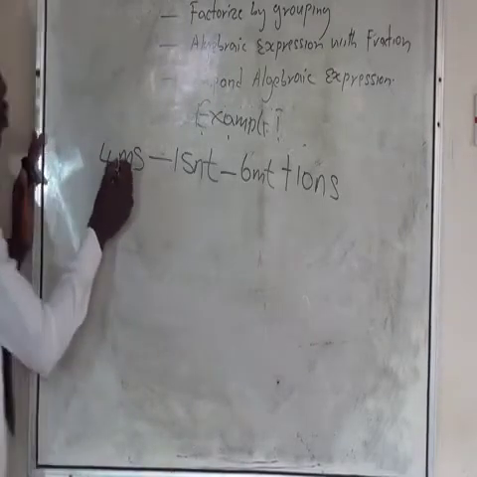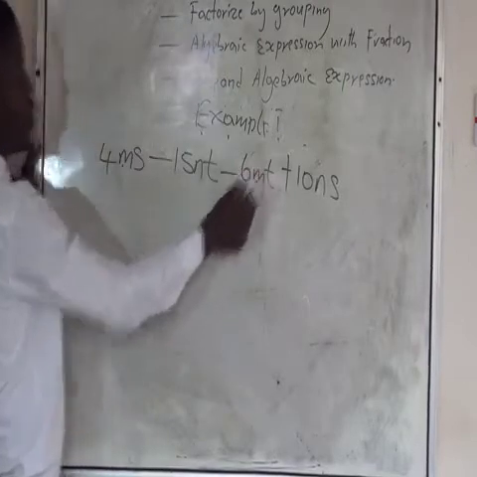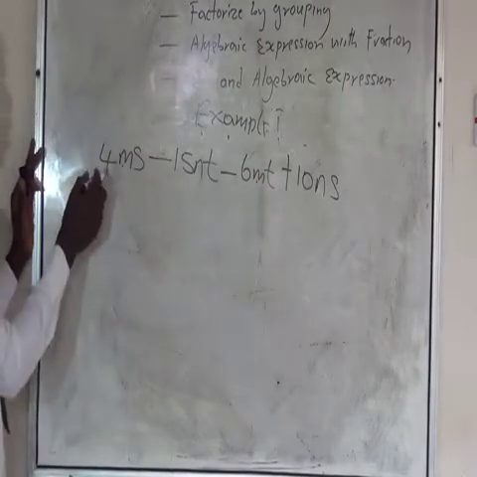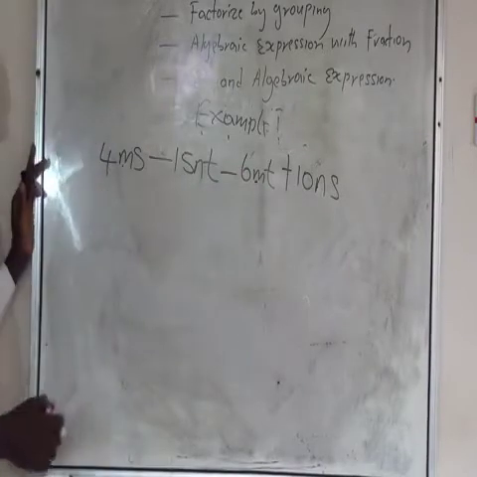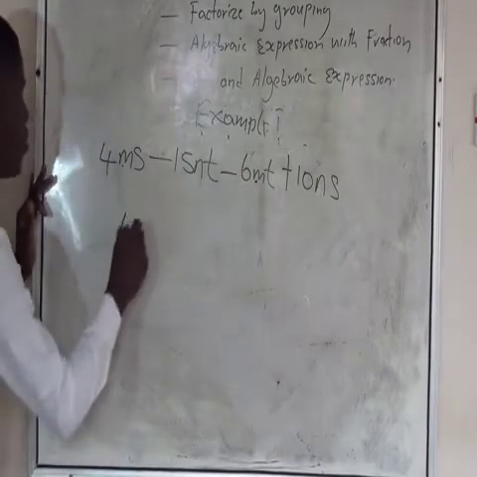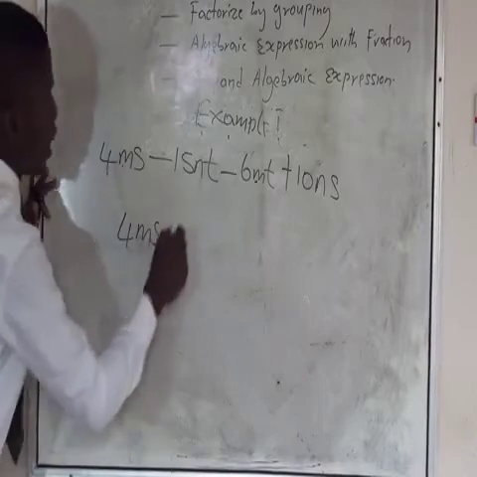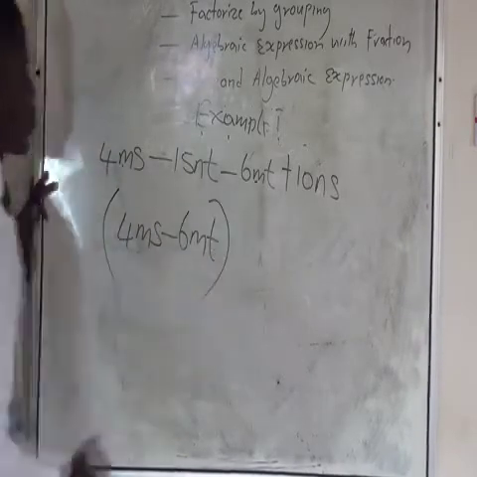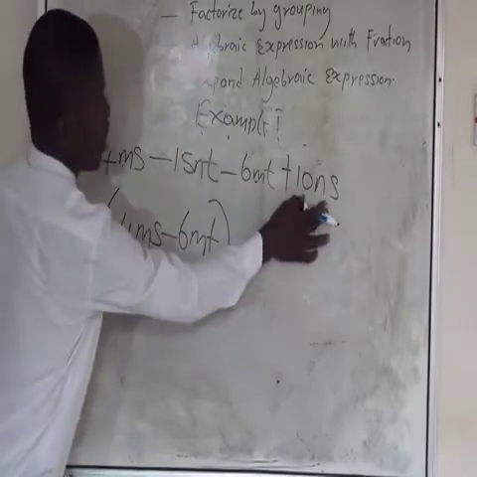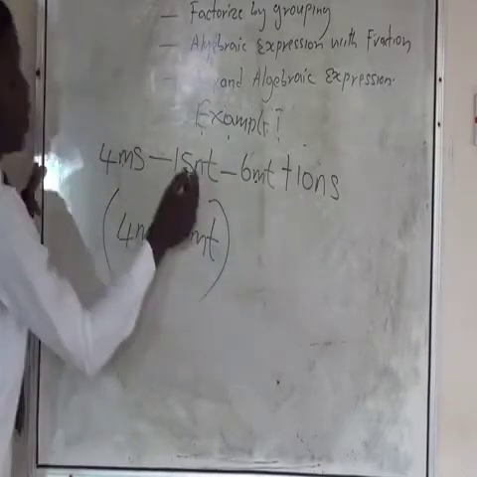M is common here. M is common here. I'll check, 2 can also divide 4. 2 can divide 6. So I will group them. Have 4mx minus 6mt, bracket it. N is common here.